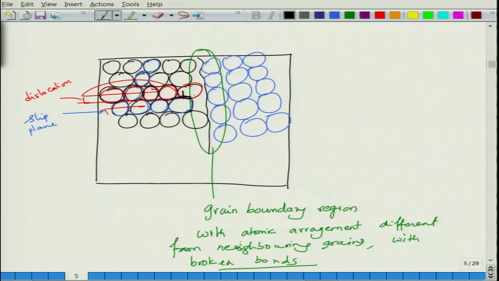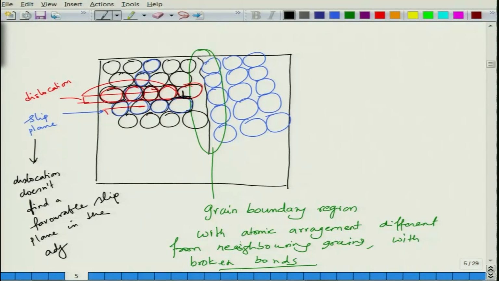So when a dislocation does not find a favorable slip plane in the adjacent grain, as a result basically this is going to get stuck.